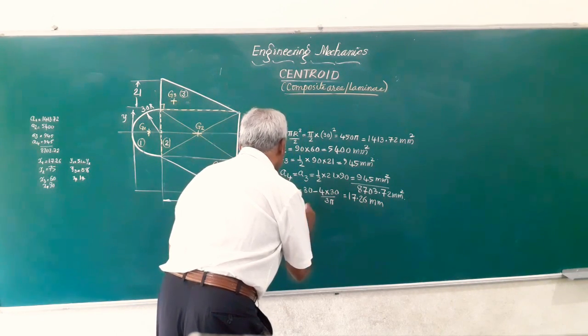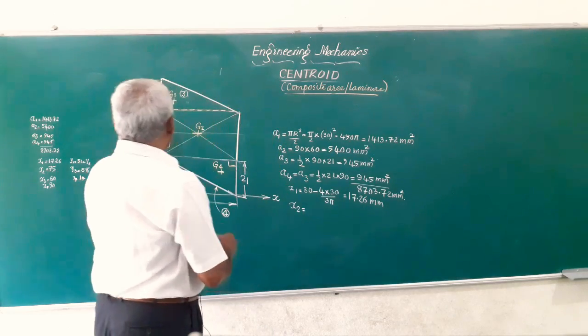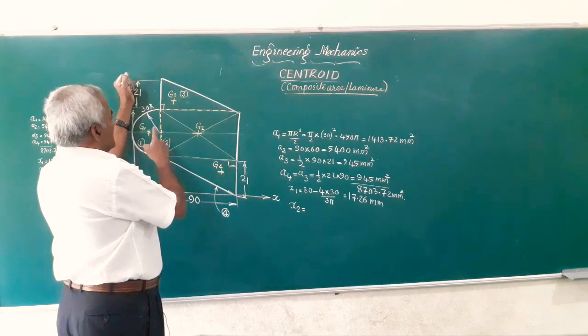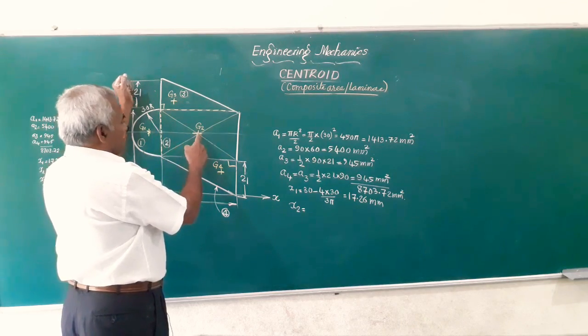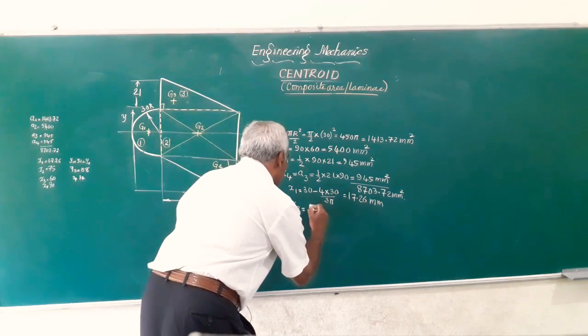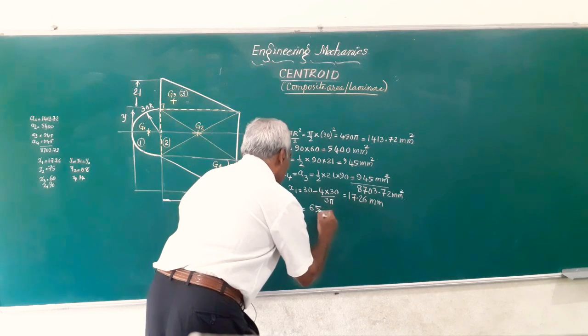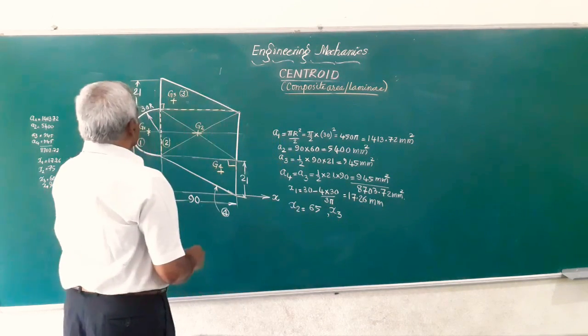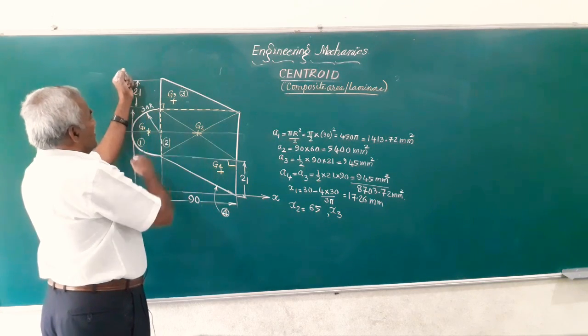Similarly, friends, x2 is the distance of G2 from the y-axis. So this is 30 and this is 45. 30 plus 45 is 65 mm. Similarly, x3 is the distance of this figure's centroid from the y-axis.